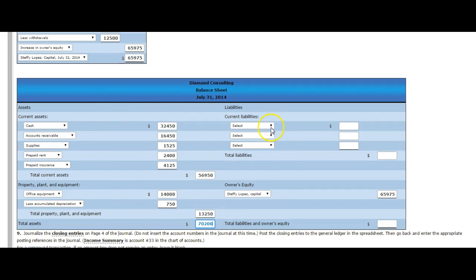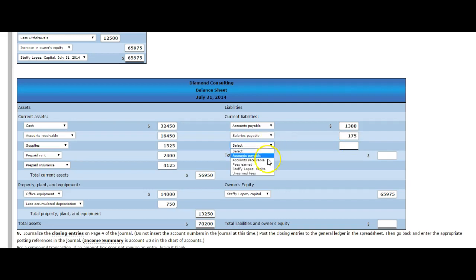Now we need to do the current liabilities. If I look at my worksheet again, my current liabilities are accounts payable. It's the first one, 1,300. I bet I have salaries payable as the next one, and that was 175. And it looks like we have one more.